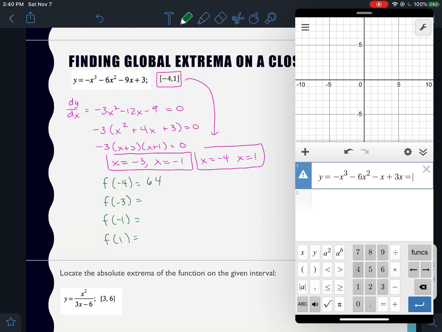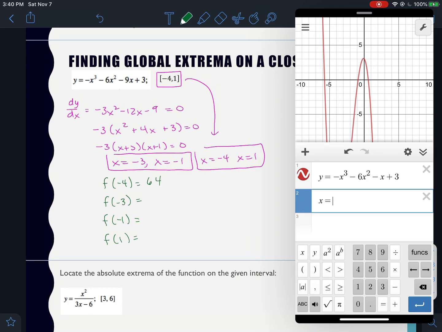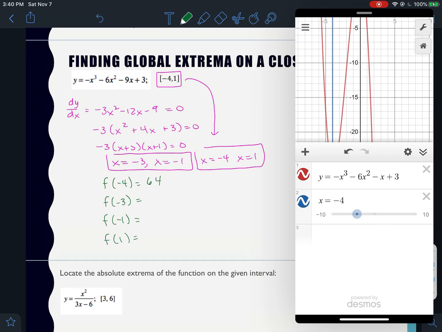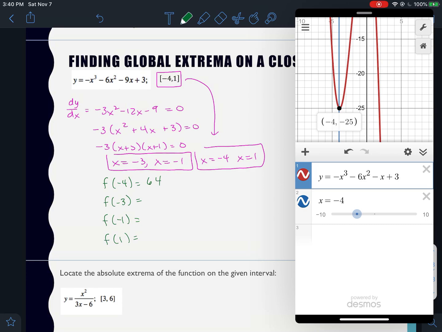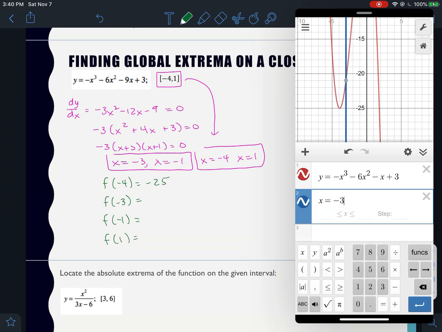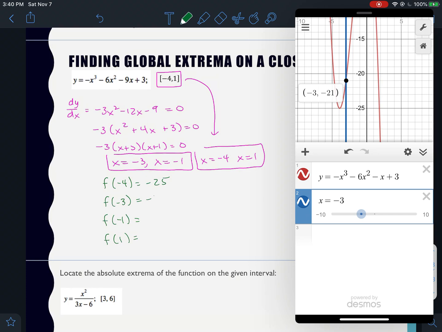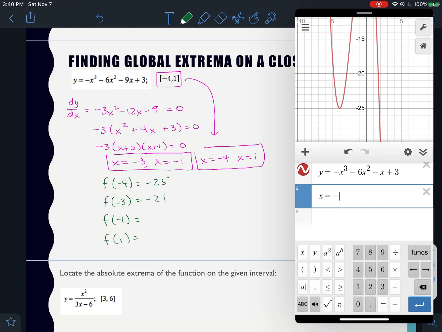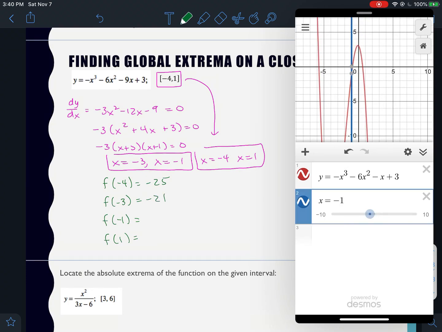And then we want to figure out what this is when x equals negative 4. So at x equals negative 4, I get negative 25. At x equals negative 3, I get negative 21. At x equals negative 1, I get 0.